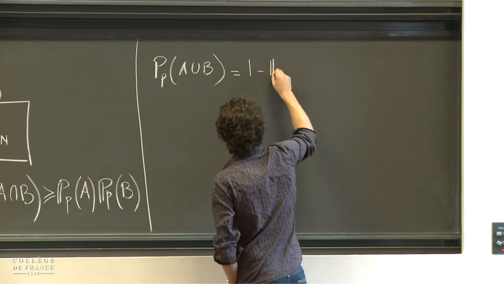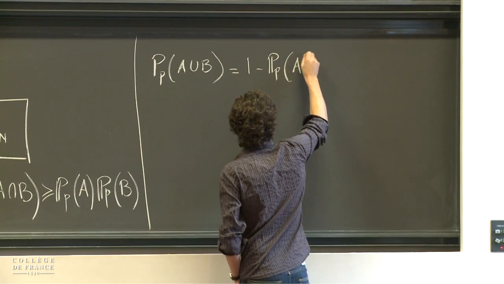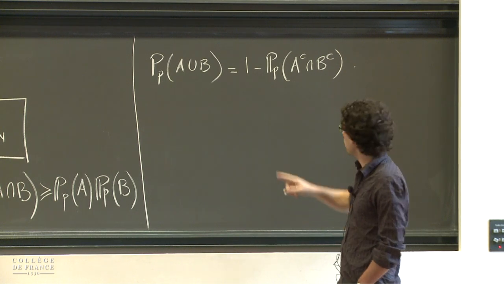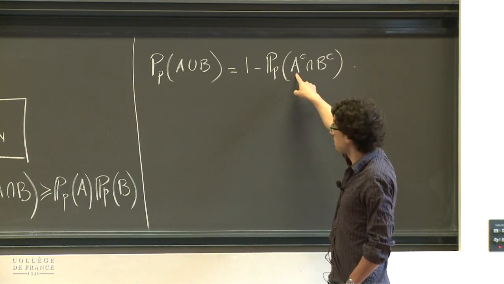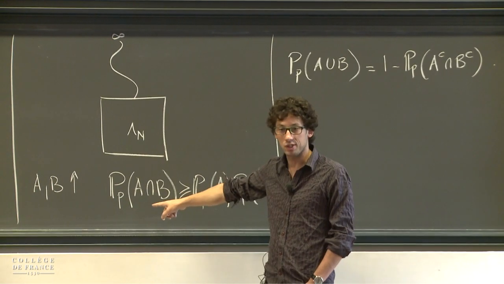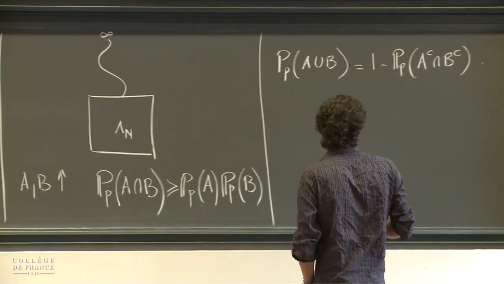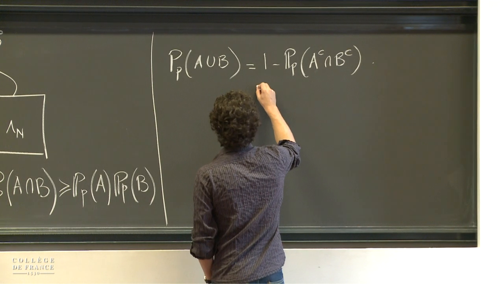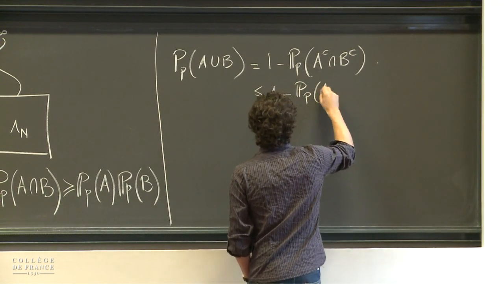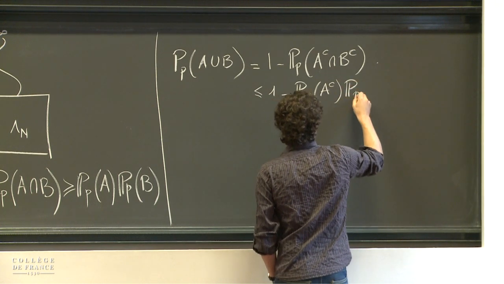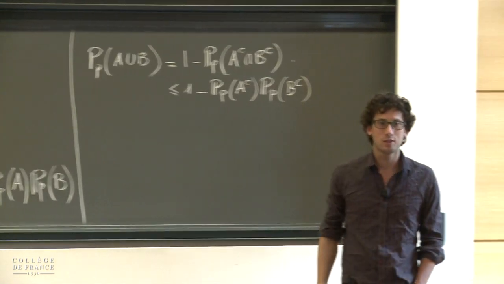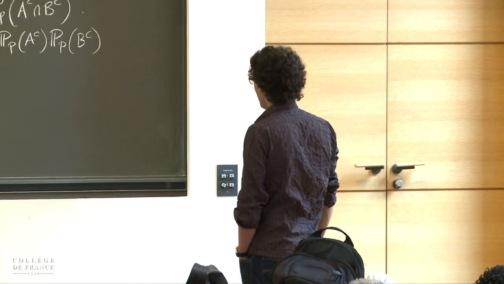This is 1 minus the probability of the intersection of the complements. Now, the complements are decreasing events, and you can easily see that if you have this for increasing events, you have it also for decreasing events. So this is going to be smaller or equal to 1 minus the product of the probabilities of the complements. There is absolutely no chance I'm not going to screw up the inequalities, but we are going to see that later.